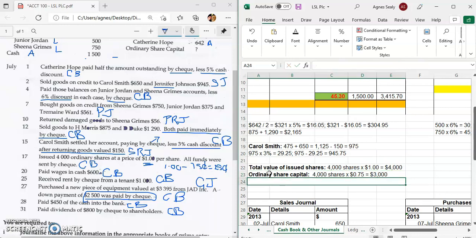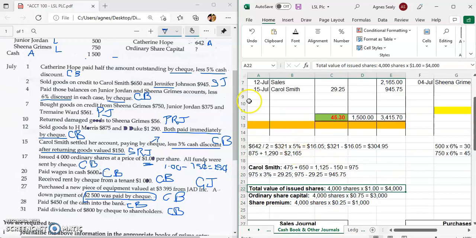Now we are going to calculate the share premium. Share premium would be 4,000 shares multiplied by 25 cents, because we said that the premium was 25 cents. So that is $1,000.